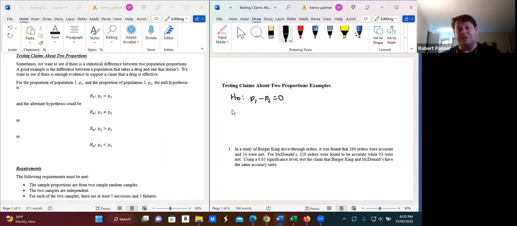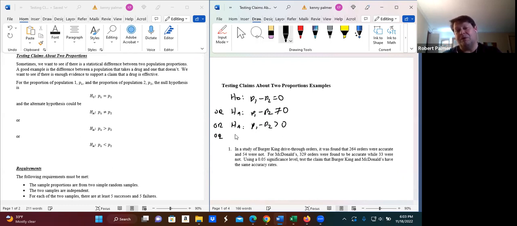The alternative, HA or H1, whichever way you want to call it, can also be written as P1 minus P2 is not equal to 0. In each case, I'm subtracting P2 from each side. For the next one, once again, subtract P2 from both sides: P1 minus P2 is greater than 0.